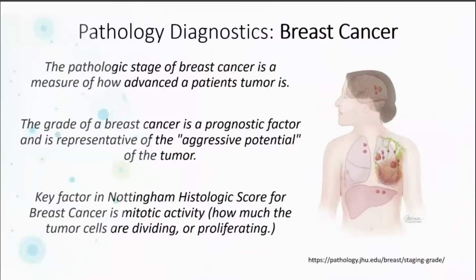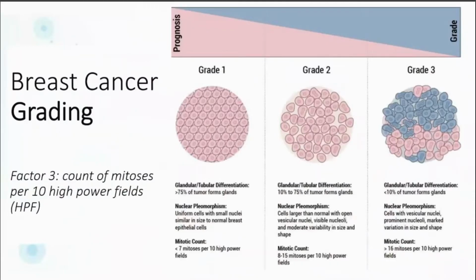So breast cancer is graded with several different grading scales, but one scale that's often used is the Nottingham Histologic score, and that scale has 3 different components that are used to grade the severity of an instance of breast cancer. So tubular differentiation, nuclear pleomorphism, and then mitotic cell count.